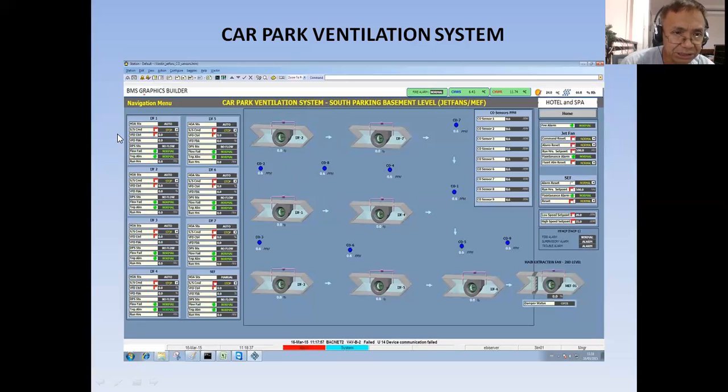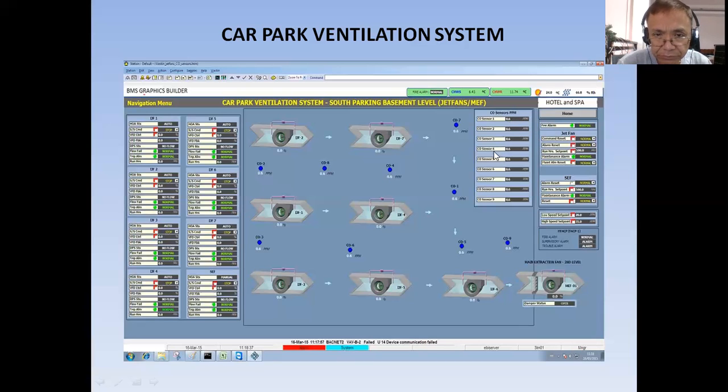So this is the typical set of BMS points for each jet fan, and the main extraction fan has the same BMS points. Now I have here my CO sensor. I have 9 CO sensors spread all over the car parking area. I'm showing the parts per million of the CO.